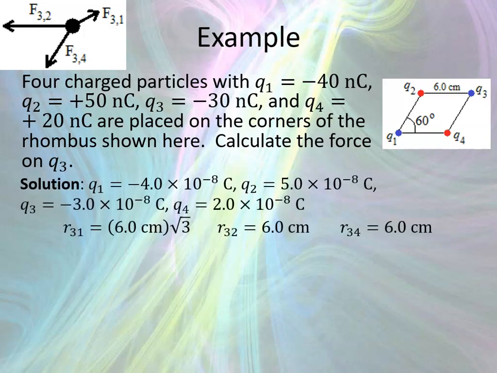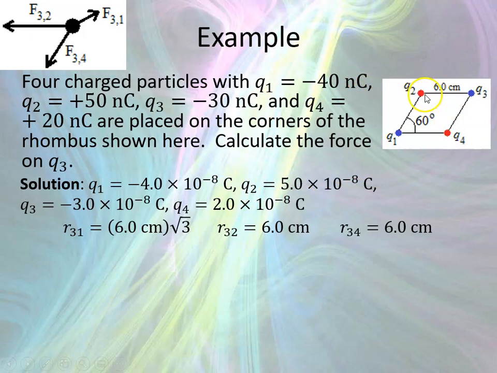So we write down our givens. Now notice our distances here. 2 of the distances are very easy. It's a rhombus, so each of the sides has a length of 6 centimeters. That is 0.06 meters. We're going to be plugging in our numbers in SI units. But what about the distance between charges 1 and 3? I think probably the easiest way to think about this is notice that this is, I guess you could call it an equilateral rhombus, even though obviously a truly equilateral rhombus would be called a square.